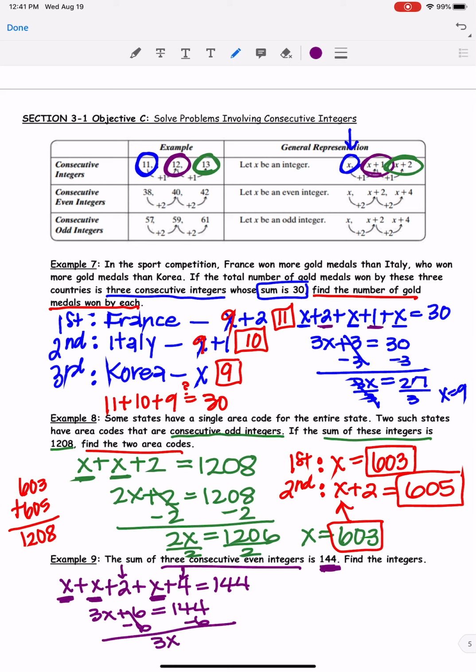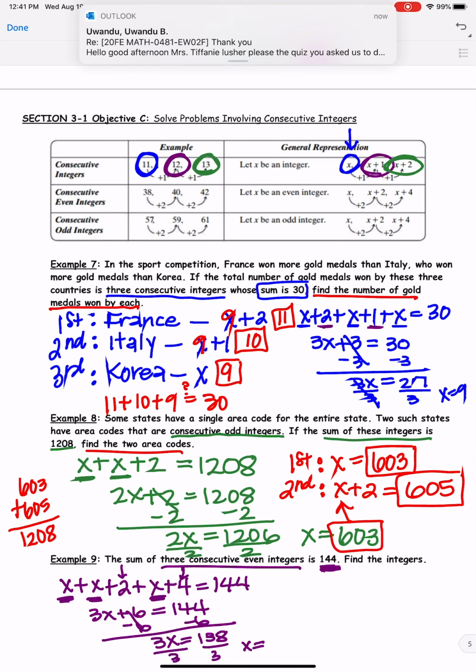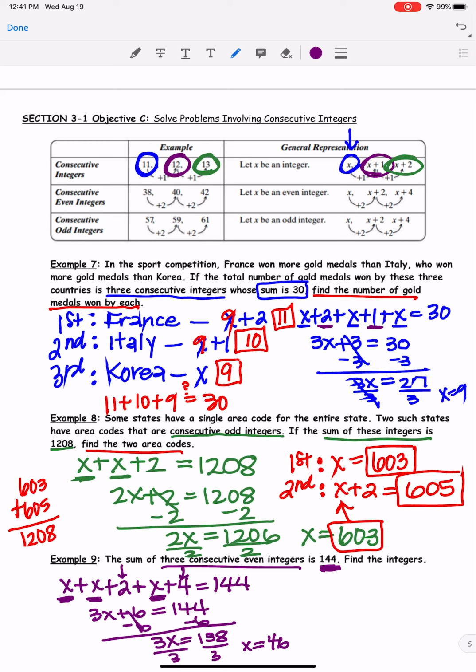We've got 3x equals 138. Divide by 3, and I've got x equals 46. It again doesn't tell me to find x, it tells me to find the integers.